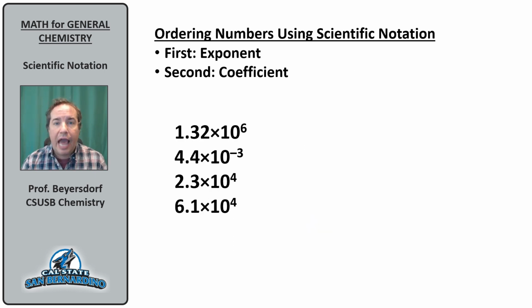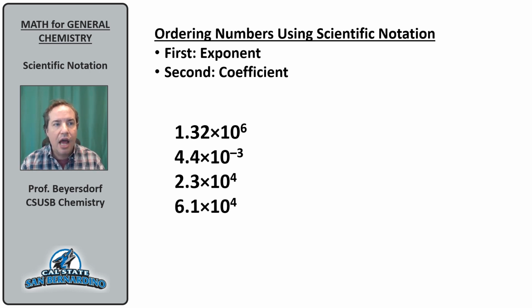So now let's look at how we order numbers using scientific notation. All right, so let's say we have these four numbers: 1.32 times 10 to the 6, 4.4 times 10 to the -3, 2.3 times 10 to the 4, and 6.1 times 10 to the 4. Notice that they're all in proper scientific notation, right?